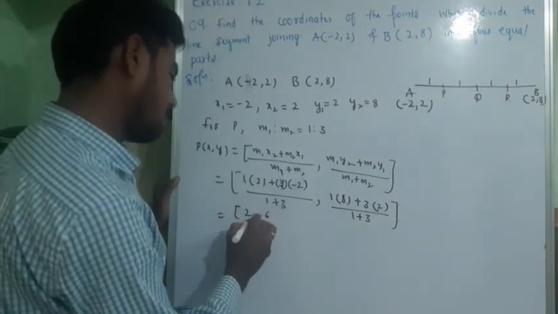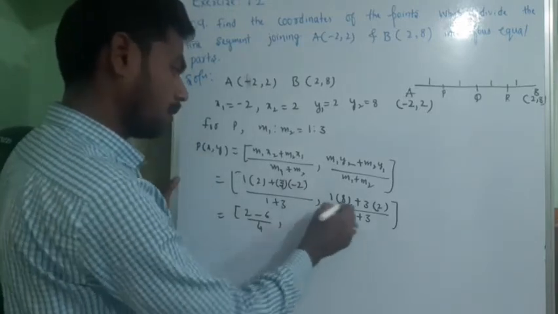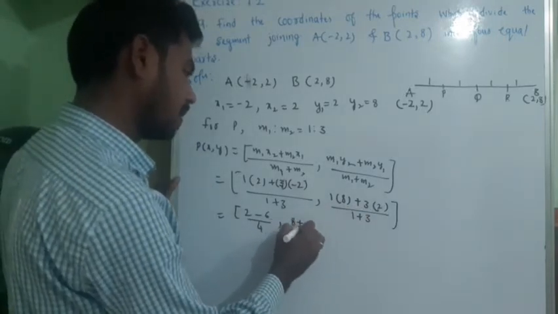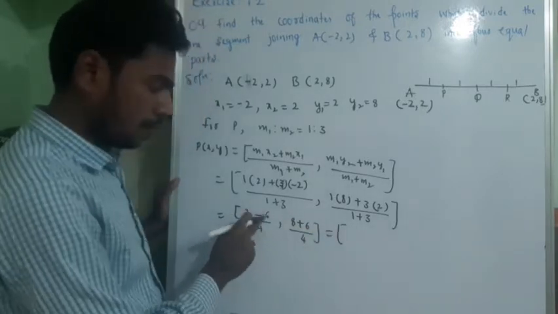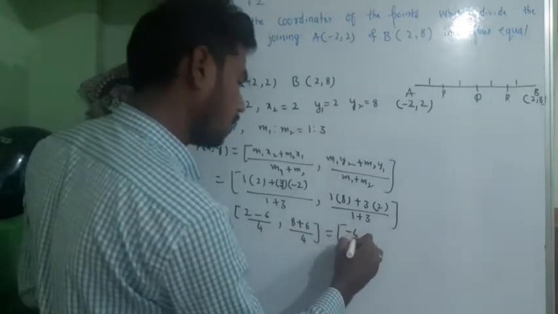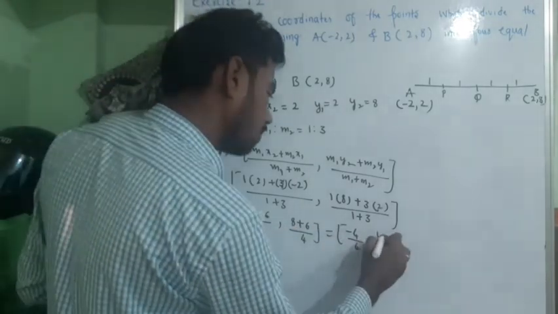So 2 minus 6 divided by 4, and 8 plus 6 divided by 4. 2 minus 6 is nothing but minus 4 divided by 4, and 8 plus 6 is nothing but 14 divided by 4.